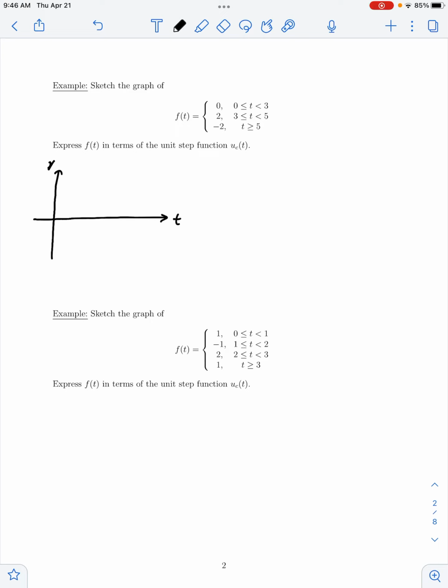So here we have a function whose initial value on the first interval is 0, starting from time 0 until time 3, at which point a jump occurs, or a step occurs, and the value of our function f of t becomes 2.